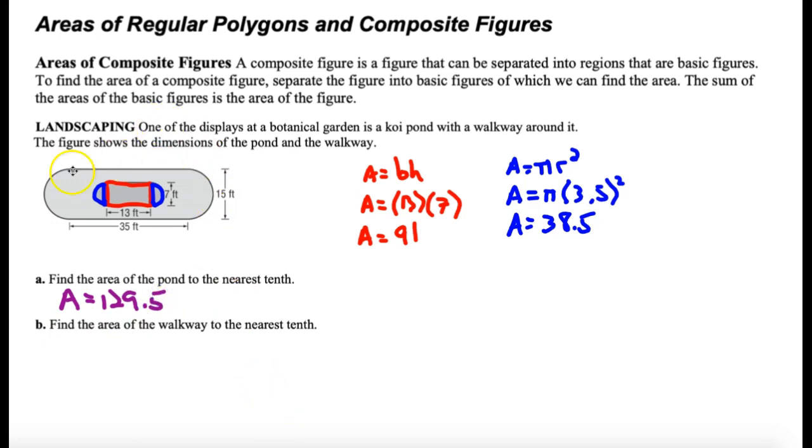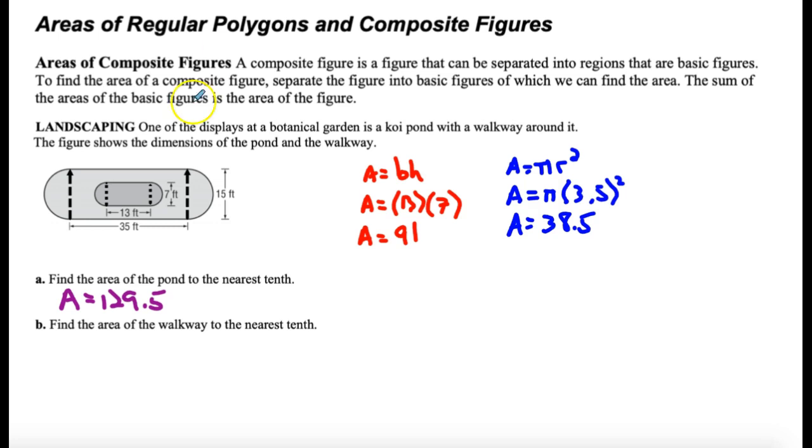Now, to find the area of just the walkway, what we need to do is the same thing that we just did, and then subtract the koi pond out of that. Okay, so I'm going to erase this so that we don't get confused. But let's draw in some lines here to split this up into a rectangle and two semicircles.